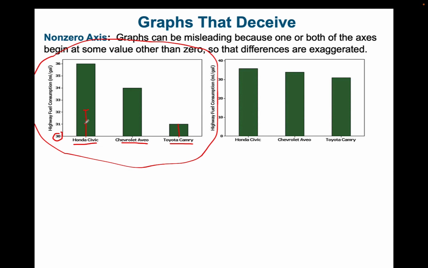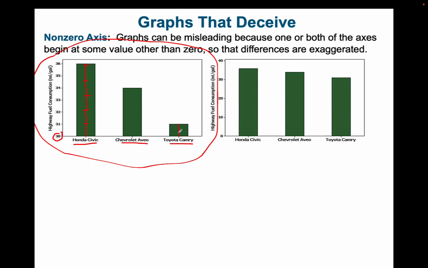Let me mark them off with tick marks. I'm going to try to draw that same length here. That's 3. Try to draw that same length again, like that, maybe 4. So by exaggerating these differences, it looks like the Honda Civic gets about 5 times as many miles per gallon as the Toyota Camry at quick glance.